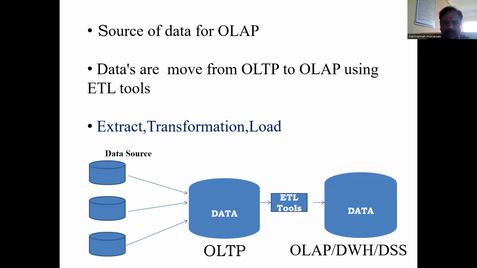Look at this diagram. Data are moved from the OLTP to OLAP using the ETL tools. ETL means extraction, transformation, loading. Before storing the data, whatever information is fetched from the different data sources goes through the ETL tool for pre-processing operations.